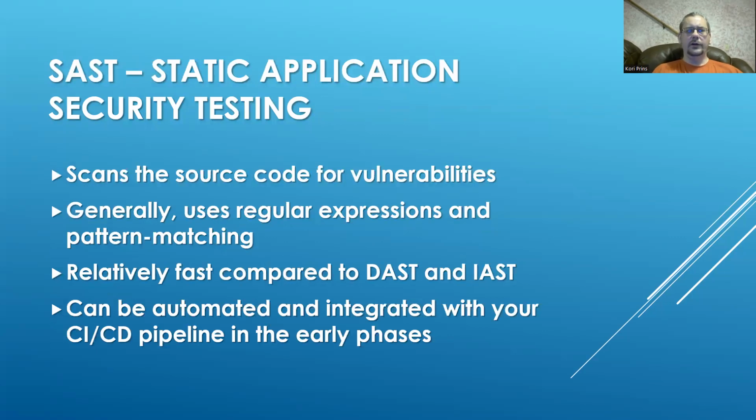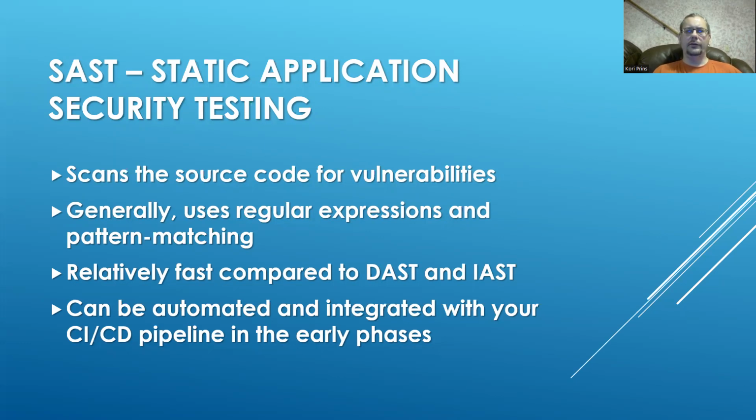Static application security testing, otherwise known as SAST, is an application testing type that scans the source code of your application for vulnerabilities. It generally uses regular expressions and pattern matching to look through the code to determine if there are vulnerabilities present in the code.